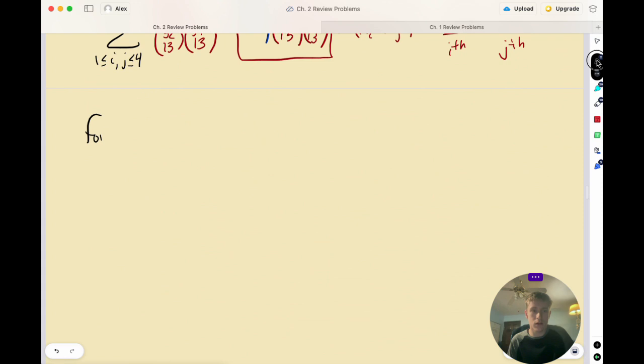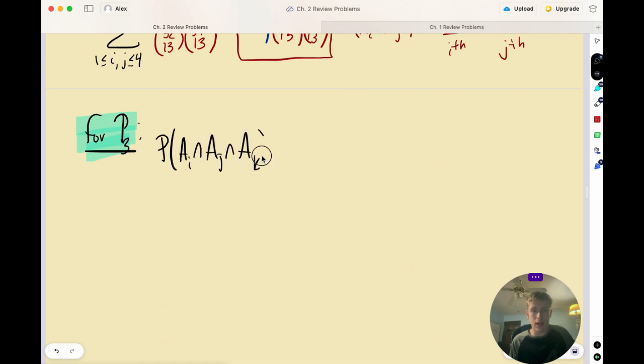All right, so for P3, again, we have the probability of A_i intersect A_j intersect A_k is the number of ways that could happen divided by the total number of possibilities.